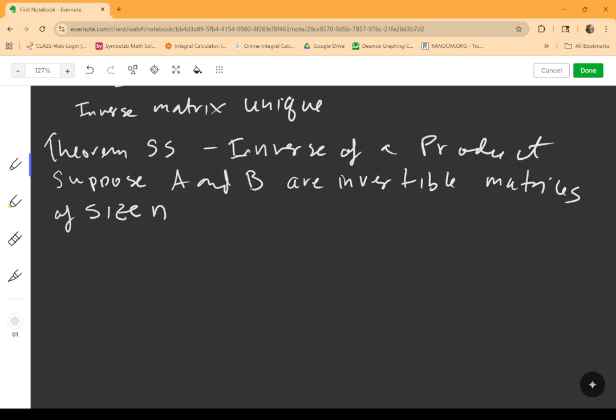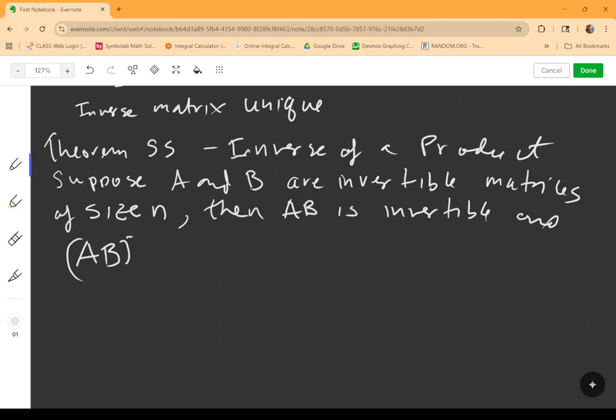Then AB is invertible, so the product is invertible, and the inverse of AB is B inverse A inverse. Here that shows up again, as in our transpose properties, where the order is flipped around when we apply this; in this case the inverse, in the previous case the transpose.